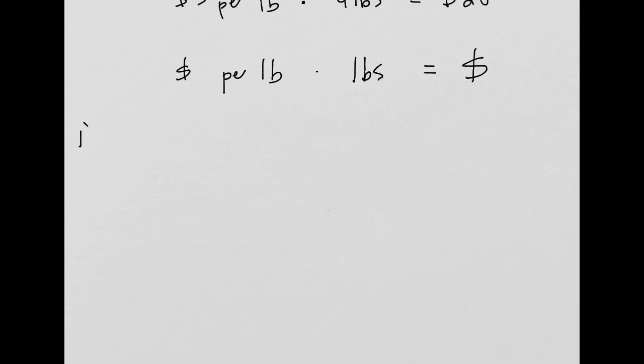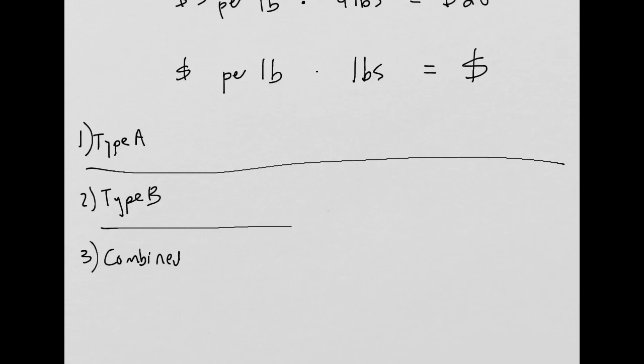On the left-hand side, I'm going to have type A coffee, type B coffee, and then I'm also going to have a row for any information that pertains to both type A and type B. So I'm just going to make a table out of what I have.